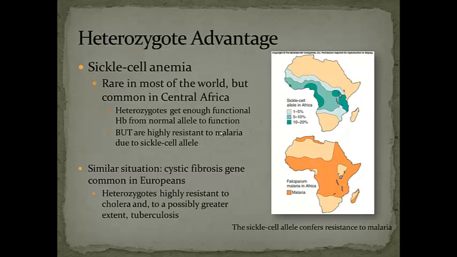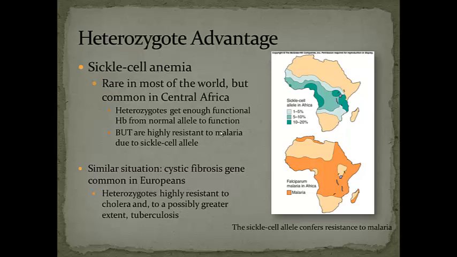Sickle cell anemia is rare in most of the world, but it's really common in Central Africa. Now, heterozygotes get enough functional hemoglobin from the normal allele, so they do just fine. They wear out a little fast when they exercise, but they do all right.